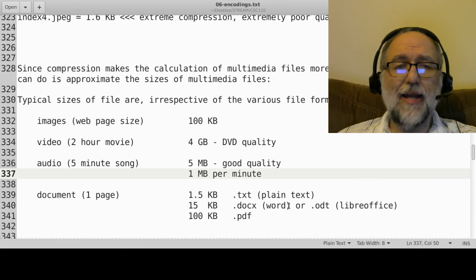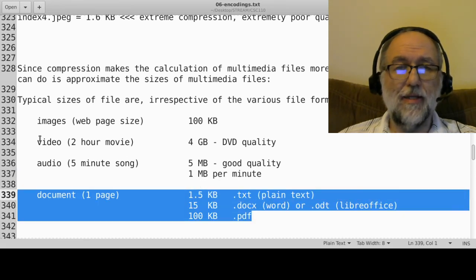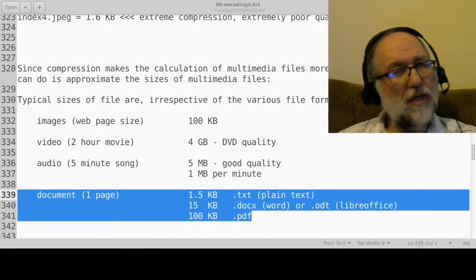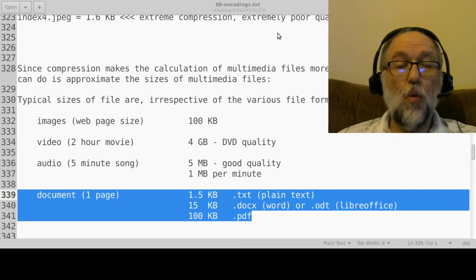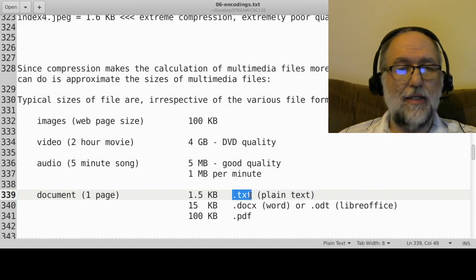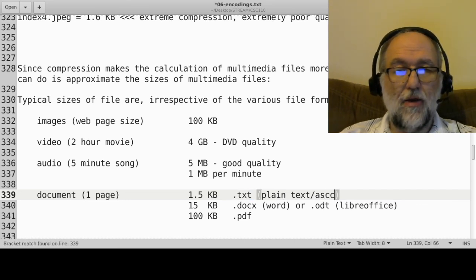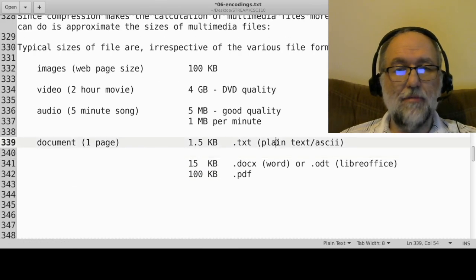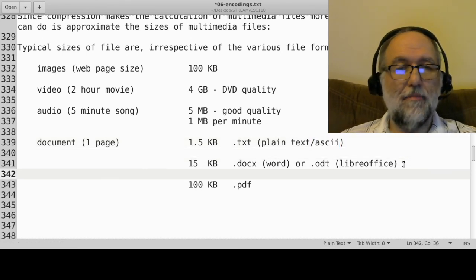And then finally, documents. It depends on the document type. There are 3 different document types that you should know about. One of them is just TXT, plain text. Another name for plain text is ASCII. I put both words there because you might hear it called plain text sometimes, or ASCII text, but it means exactly the same thing.